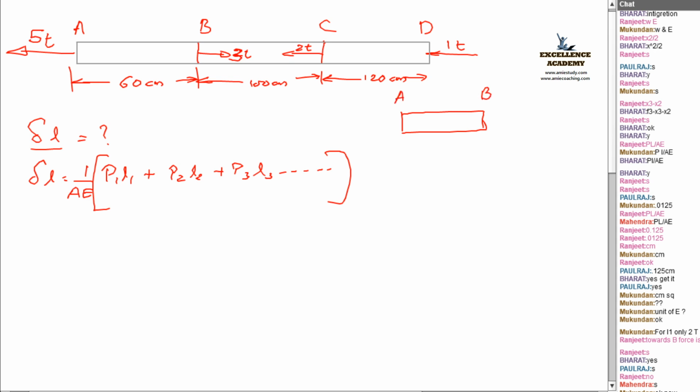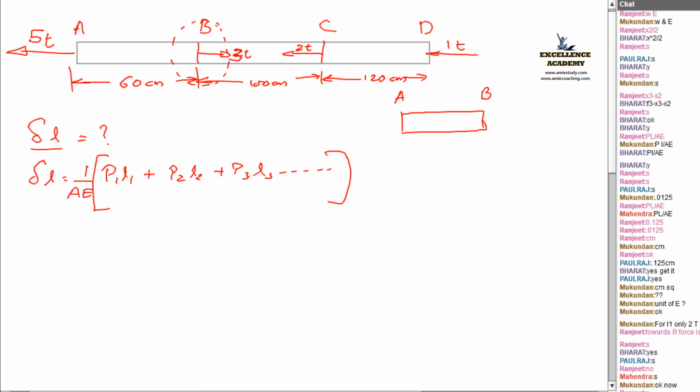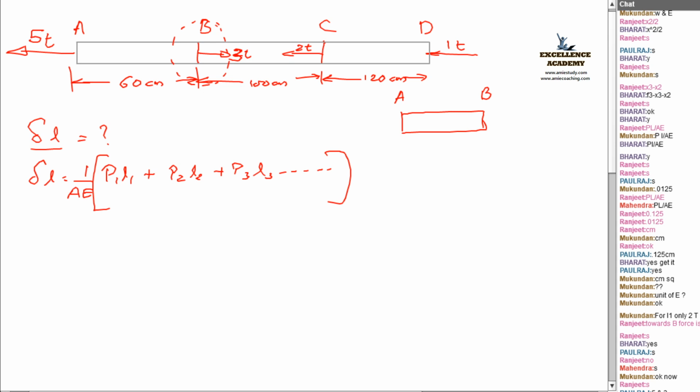This is A and this is B. Take the case of B itself. The B has connection with whom? The B has connection with AB and BC. Agreed? When I draw the free body diagram of AB, the force acting on the point A is 5 ton in the left side direction.